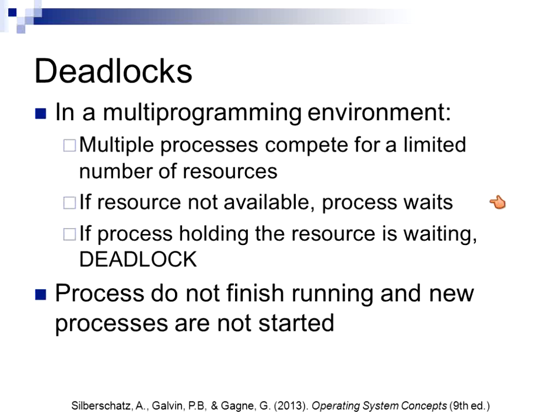Okay, to get back to the deadlocks. The problem is if a resource isn't available, the process will wait. But if the process that's holding the resource that the second process wants is waiting for something else, you have a deadlock situation. So if one process has a resource and another one wants it, and the process that has the resource is also waiting for somebody else to release a resource, you're in a deadlock situation.